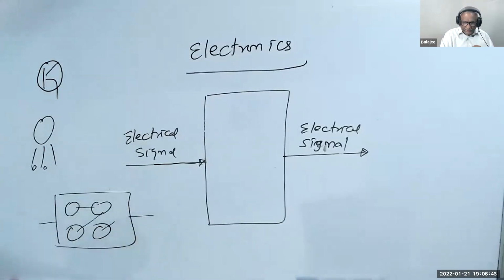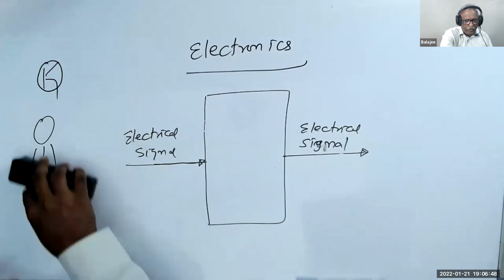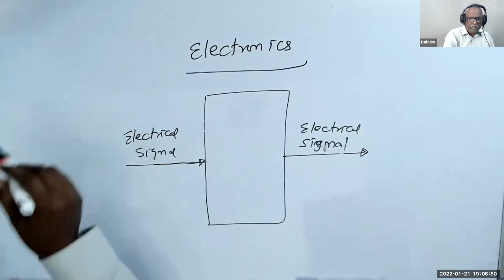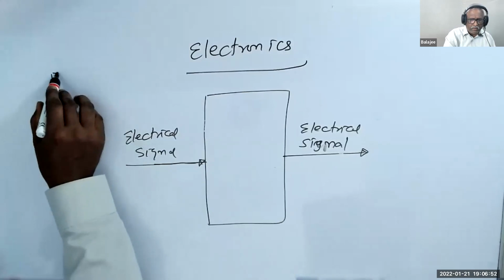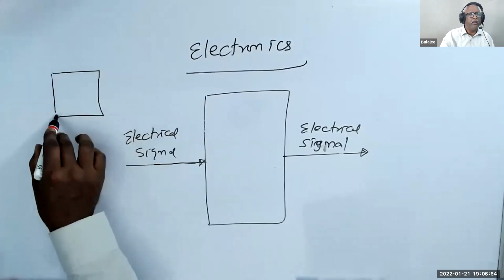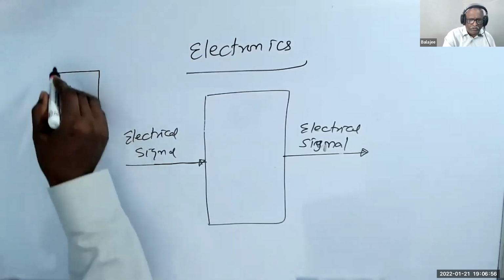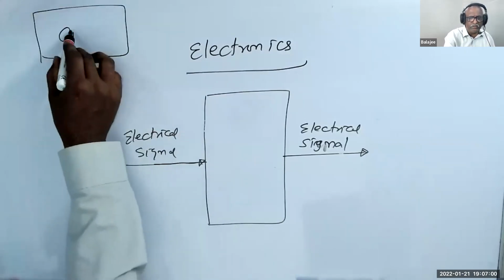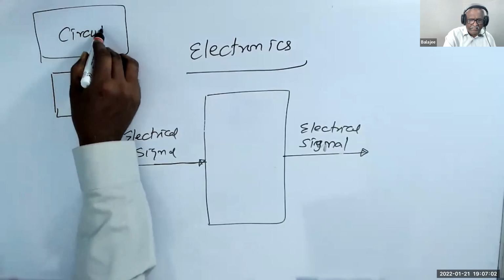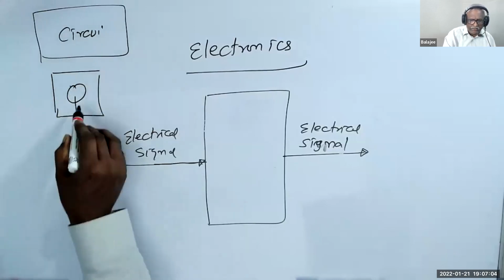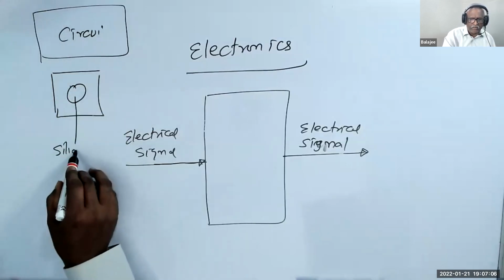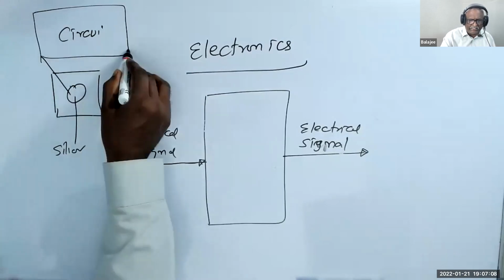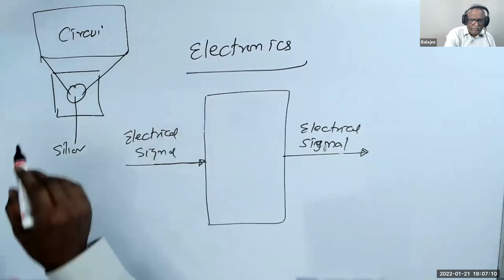But later, they made a very beautiful thing: they put the circuit inside silicon. This is called silicon. So they put the circuit inside silicon, and this is called an IC.